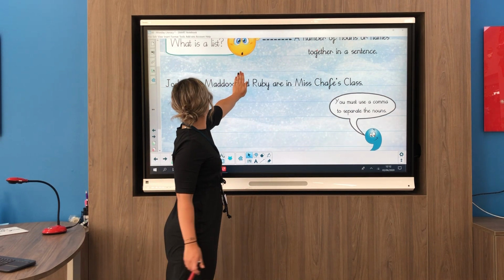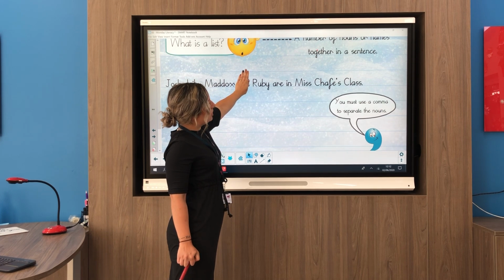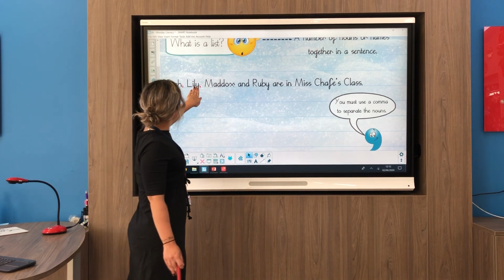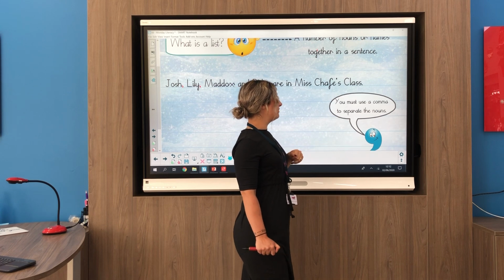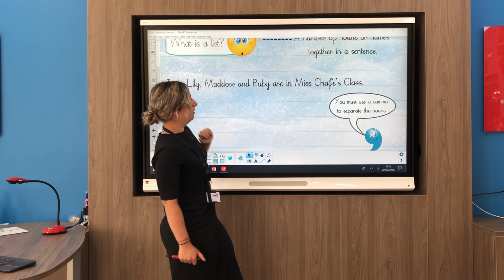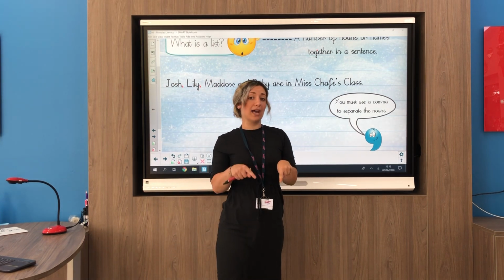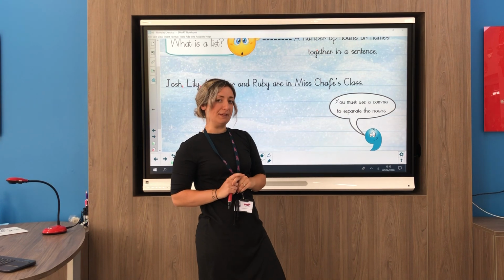Without it, it would read: Josh, Lily, Maddox, Ruby are in Miss Chafe's class, where it should read Josh, Lily, Maddox and Ruby are in Miss Chafe's class. So you must use a comma to separate the nouns. However, the second rule is the final two nouns in your list need to have 'and' in between.